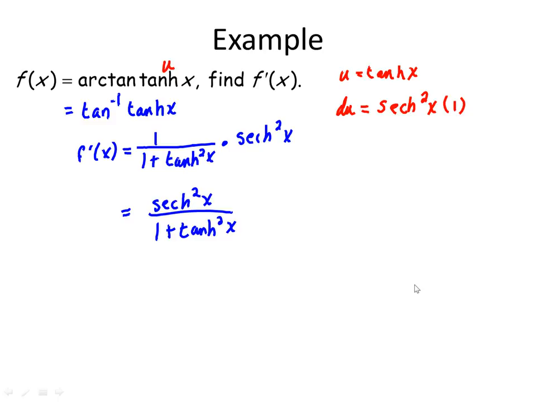So on page 443, can I replace 1 plus tan squared x with sec squared x, which is what some of you are wanting to do? What does the identity say?